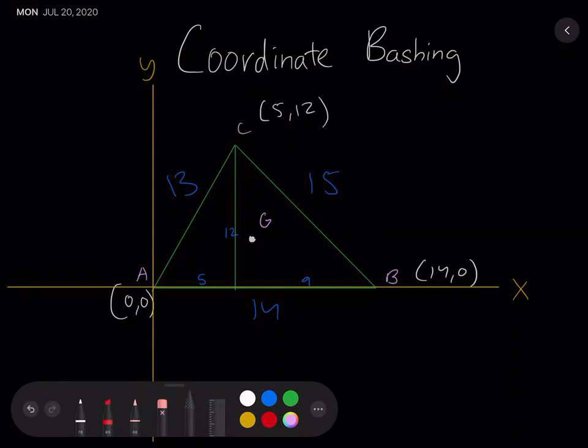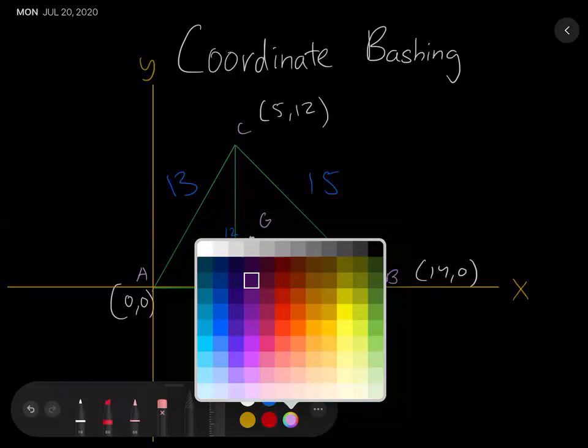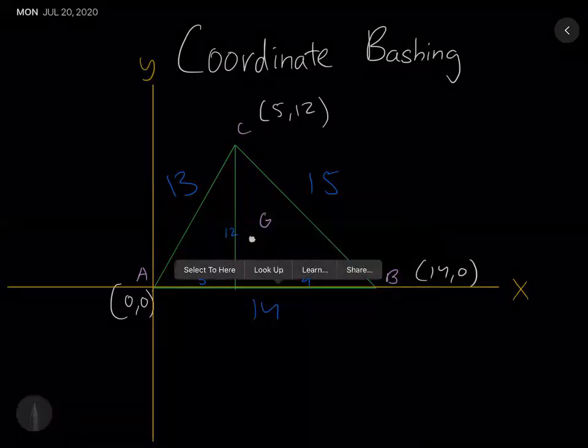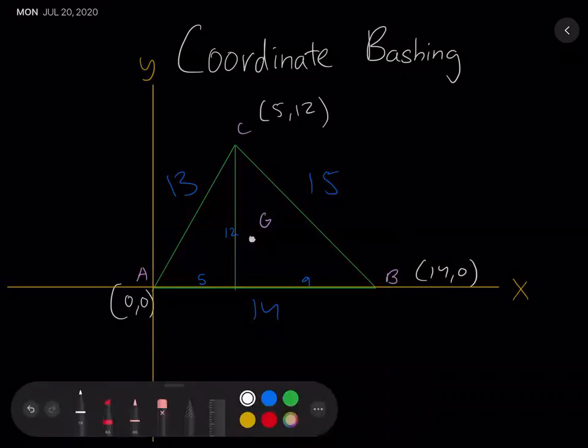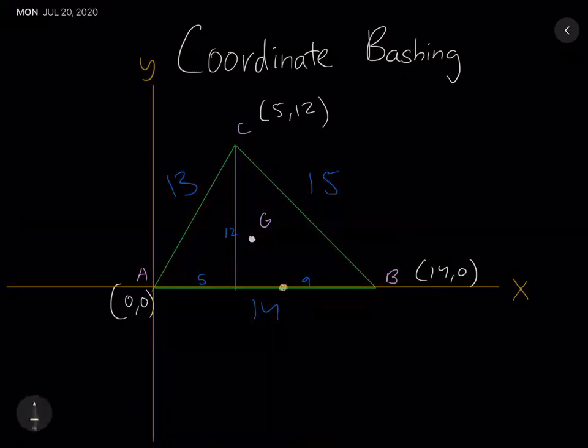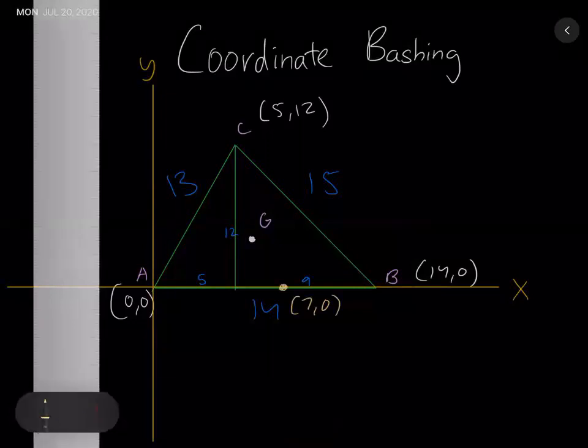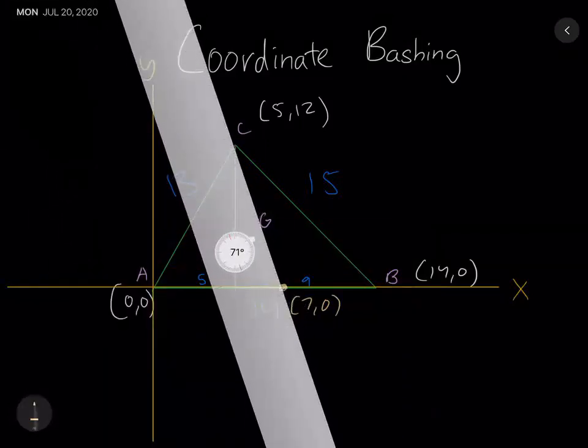So let's pick a different color, orange. The midpoint's right here, between (0, 0) and (14, 0). So this will be (7, 0). Now we can draw a line. This is going to be quite a rough line.